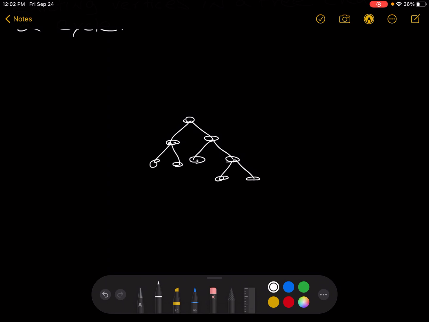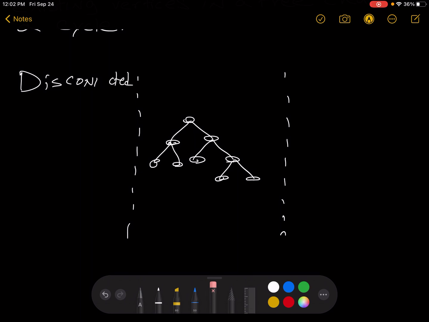Here's a tree. And here we have disconnected graphs.